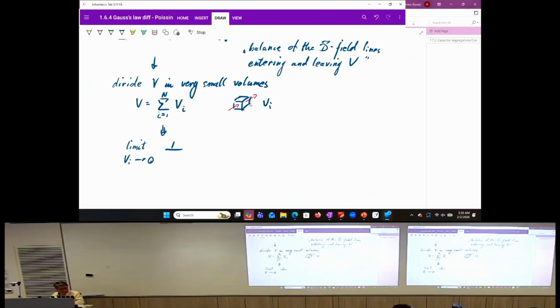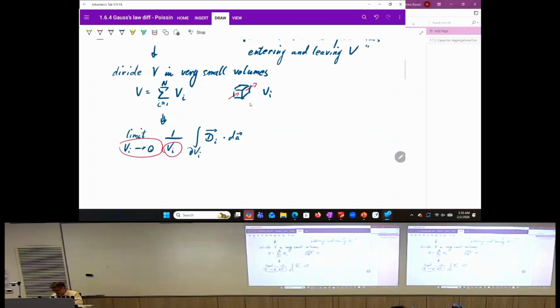Then you take the flux integral over this volume V sub I, whatever is entering in terms of displacement field into that volume, and you divide that by the volume V sub I. So you let the volume go to 0, you divide this flux integral also by the volume, and then what you obtain is the so-called divergence of the displacement field.